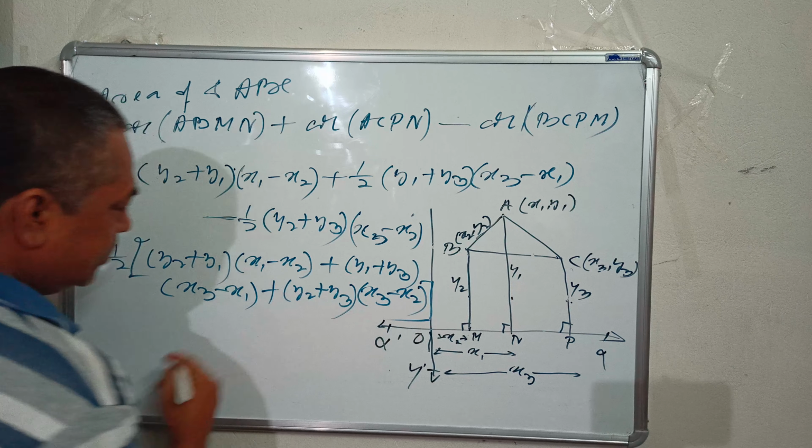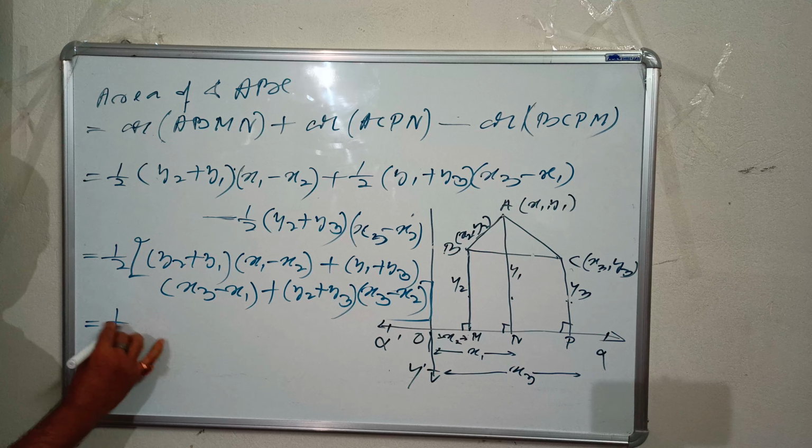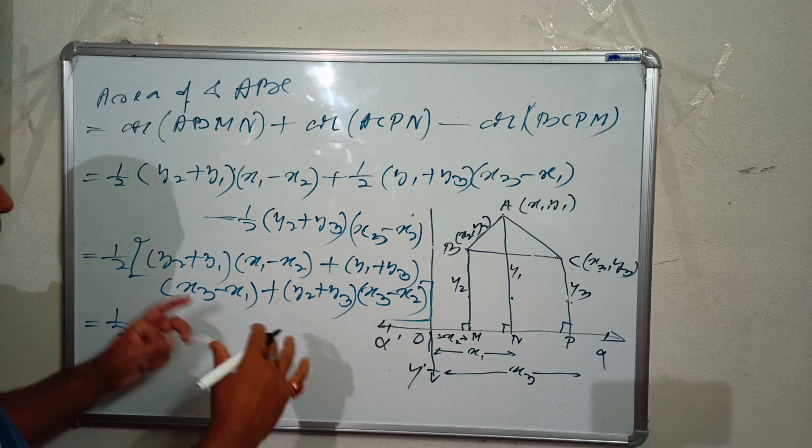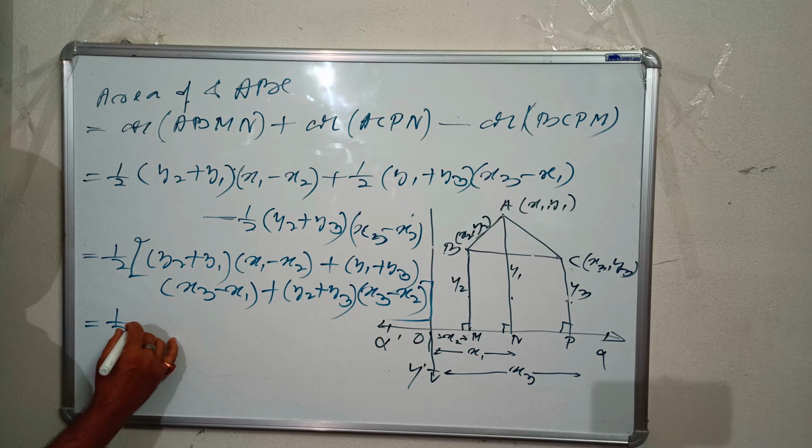Bracket close, square bracket. Now after simplifying this, you will multiply and take common and all these things. After simplifying, finally what you will get, I am writing here.